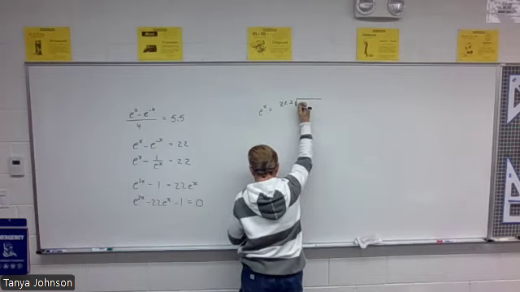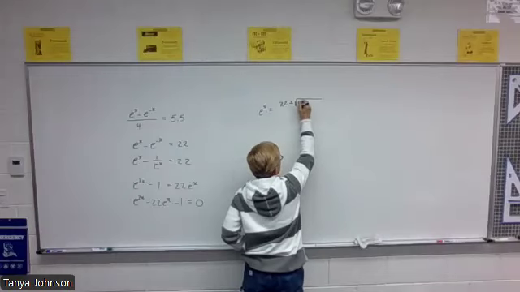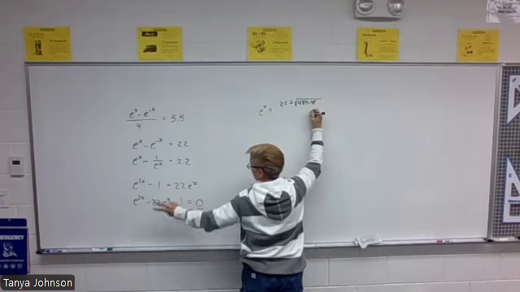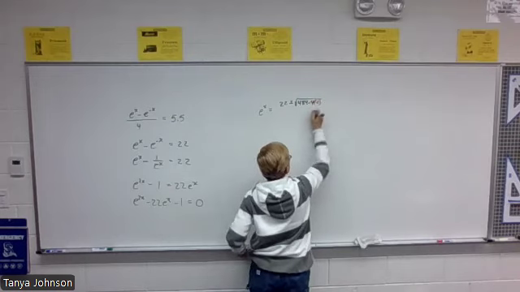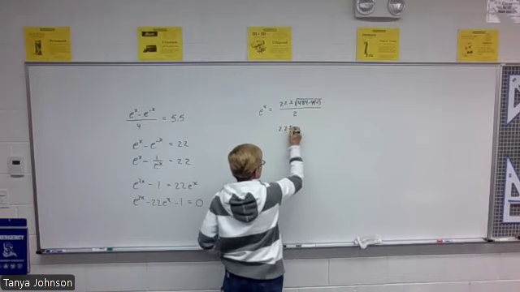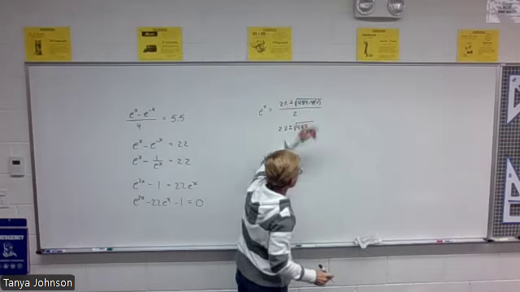What's 22 squared? 484. 484 minus 4 times -1, over twice a. So that's 22 plus or minus the square root of 488, because -4 times -1 is +4, over 2.